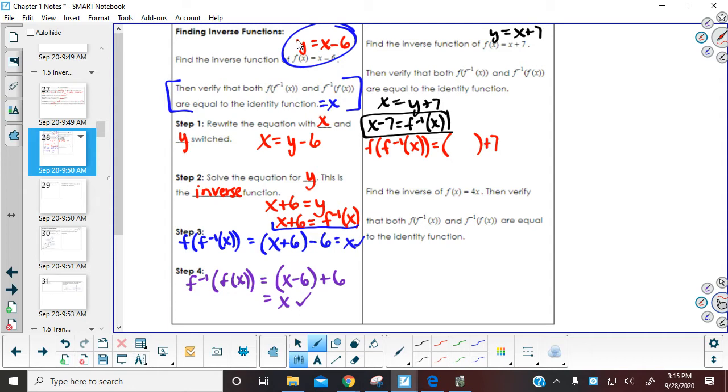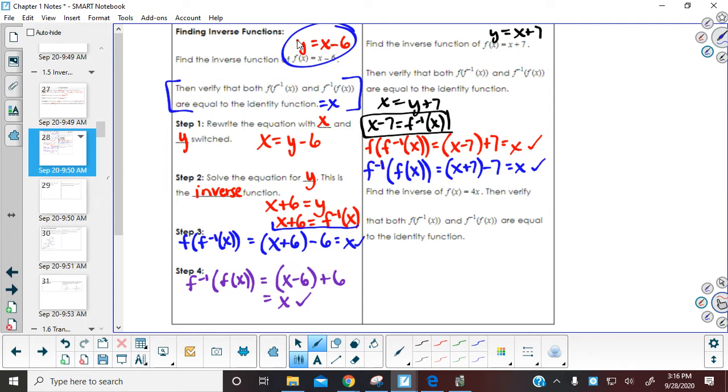I can plug in my inverse, x minus 7, and that equals x, so it checks. I would also want to plug it in the other way. So I want to plug in my original into my inverse. My inverse function is x minus 7, and my original function was x plus 7. So again, those will check.